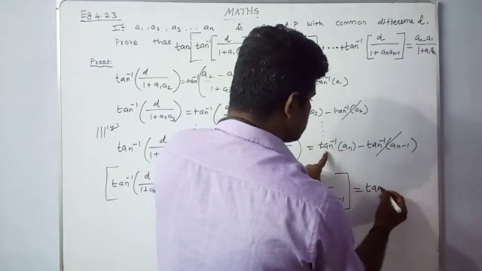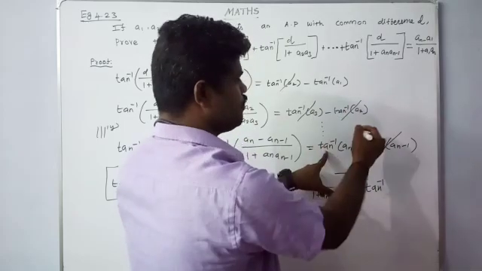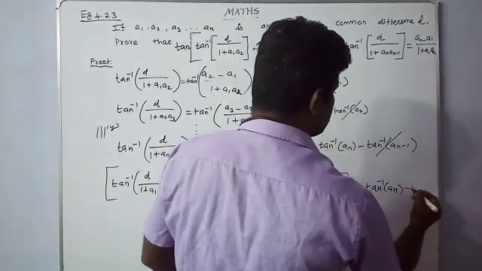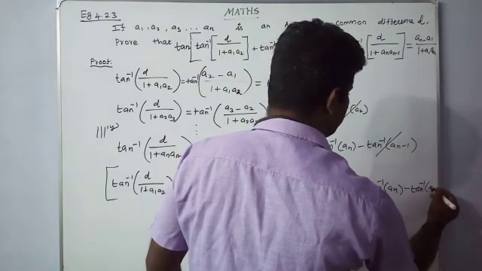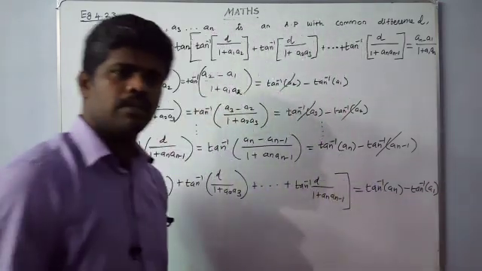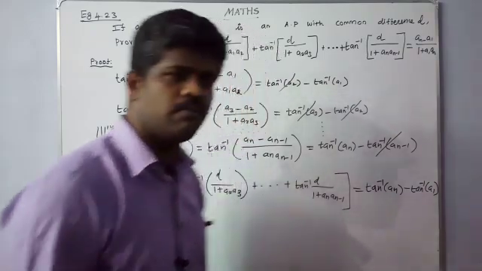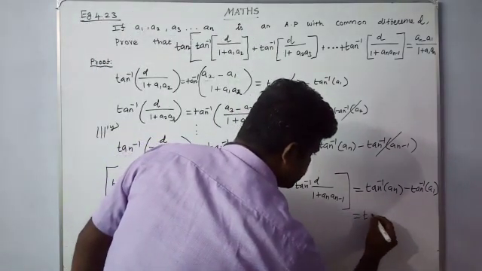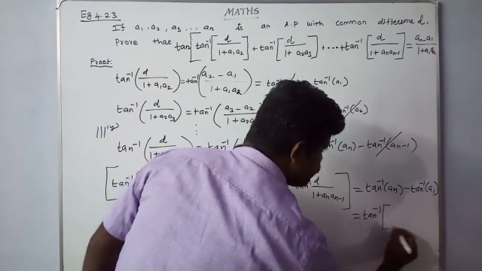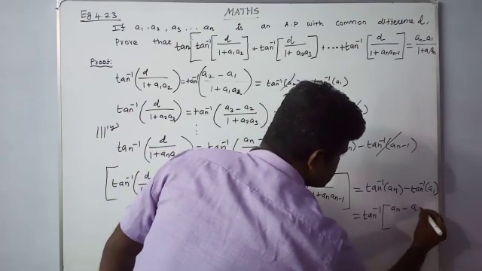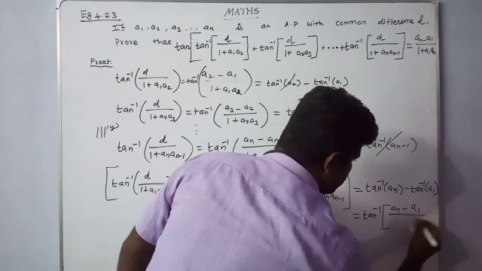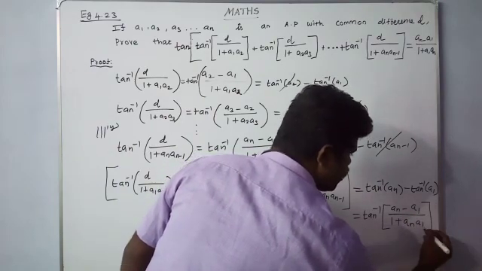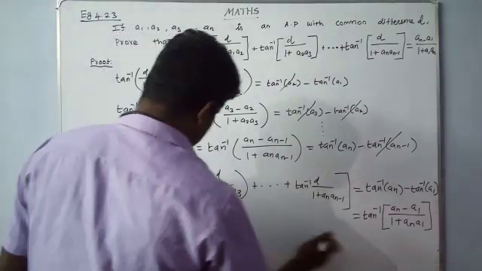So all terms are cancelled, and the remaining terms are only tan inverse of an minus tan inverse of a1. This can be written as tan inverse of an minus a1 divided by 1 plus a1 an.